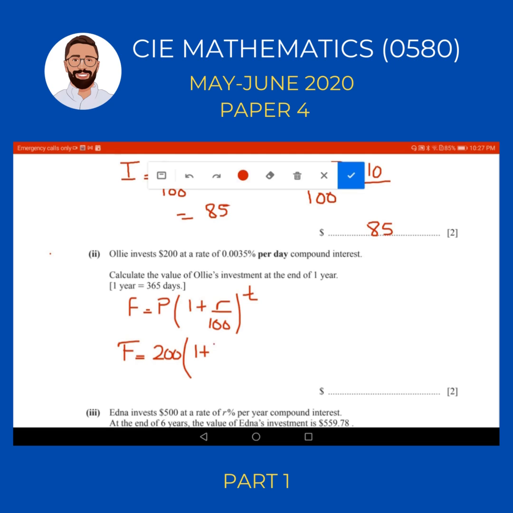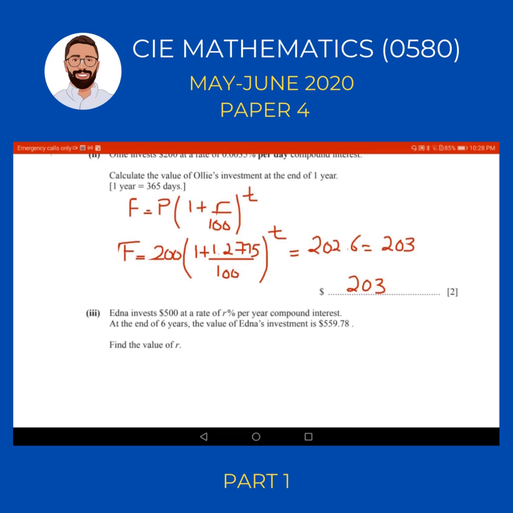So it's equal to 1.2775 over 100 raised to the power of T, which is 1, because I want to find the value of the investment at the end of the first year. So putting that on the calculator, the answer would be 202.6, which is equal to 203 rounded to 3 significant figures.